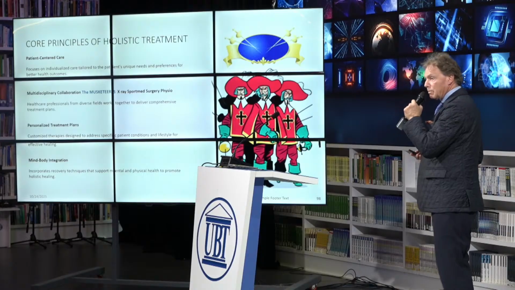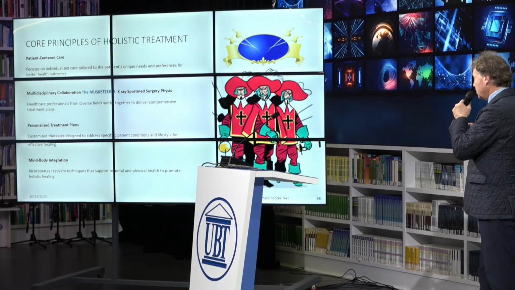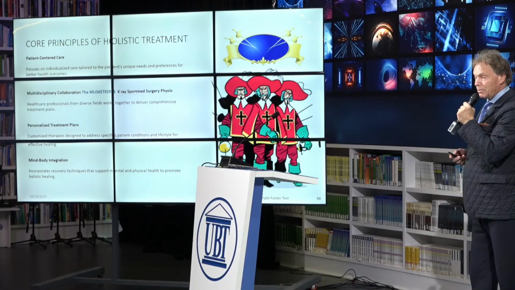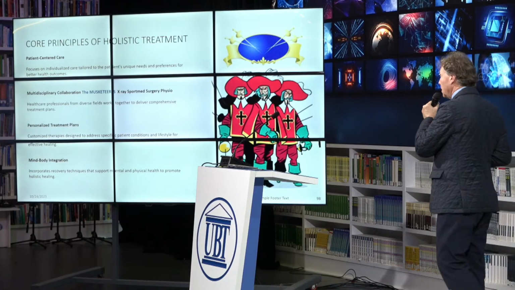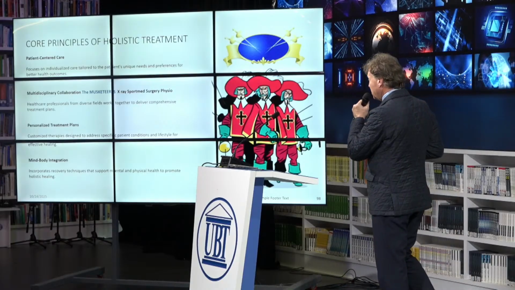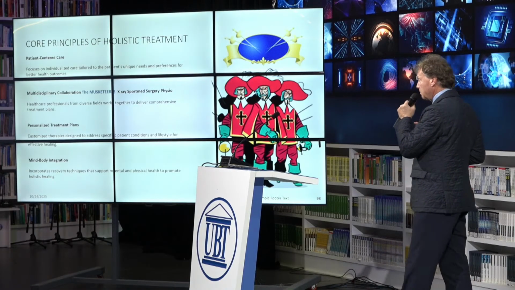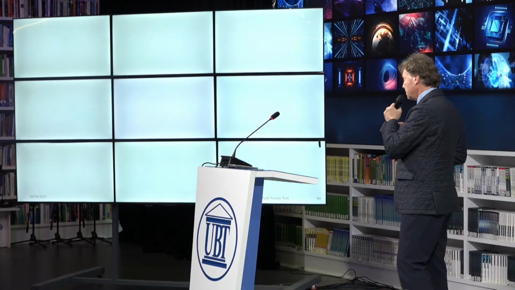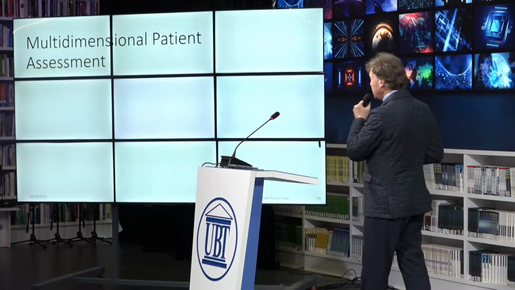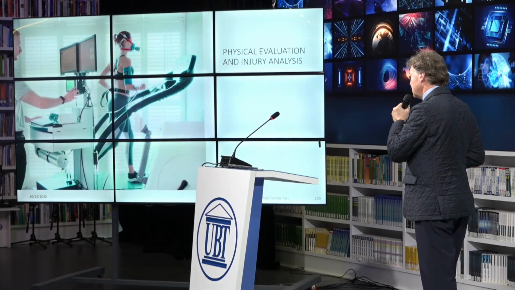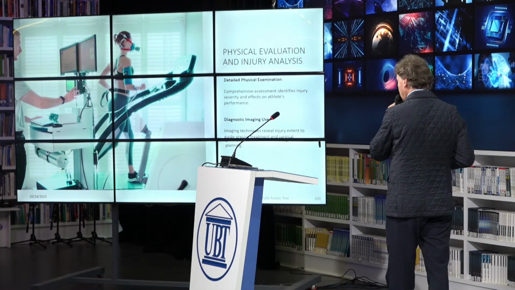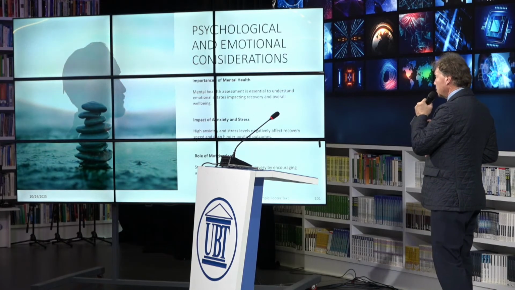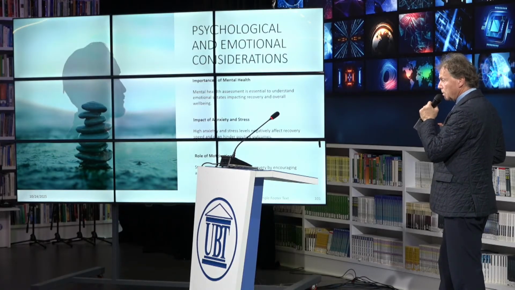We call it this musketeer approach, where you have the surgeon with the arthroscopy in the knee above, and you have a radiologist, you have an internal sports medicine specialist, and you have a specialist for physiotherapy working together in the specific case. And this should be the multidimensional patient assessment, where we connect the diagnostic, the physical evaluation, and also the psychological and emotional considerations.